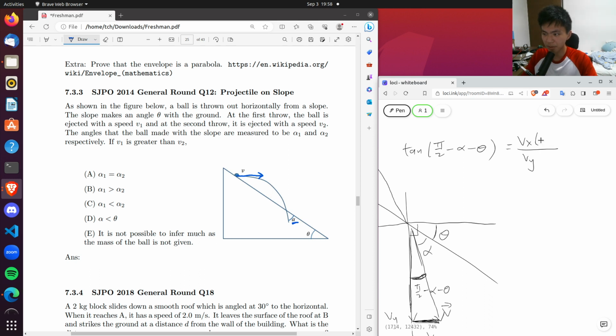So just to be extra specific, I'm going to put velocity as a function of time at the value t hit, meaning the time that it takes for the ball to hit the slope again: vx(t hit) over vy(t hit). So vx and vy are functions of time, and I'm asking about the ratio of the velocities at the time t hit when the ball hits the slope again. Okay, that's just to be extra pedantic.